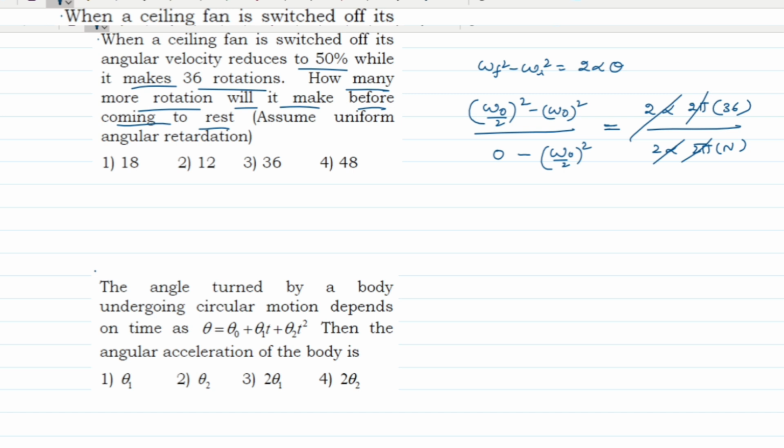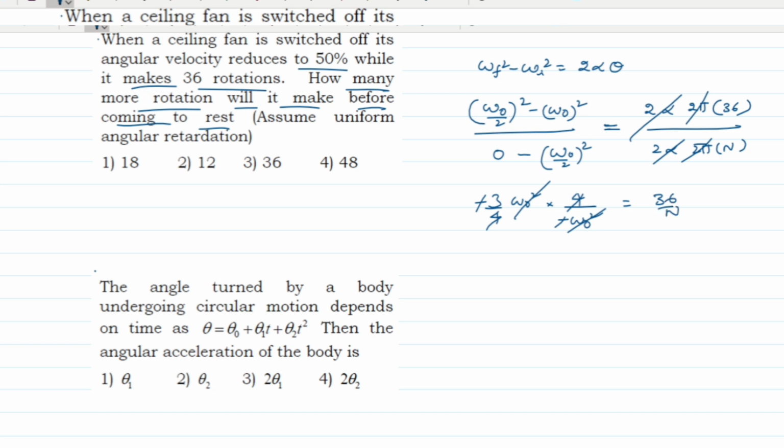Here 1 by 4 minus 1 will be minus 3 by 4, minus 3 by 4 omega naught square, and this is omega naught square by 4. We just bring it to the numerator, minus 4 by omega naught square. Here omega naught square gets cancelled, 4 gets cancelled, which will be equal to 36 by n.